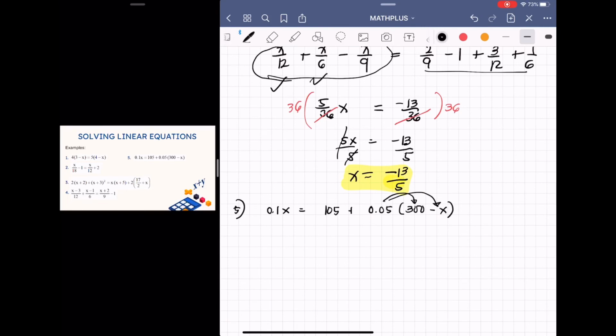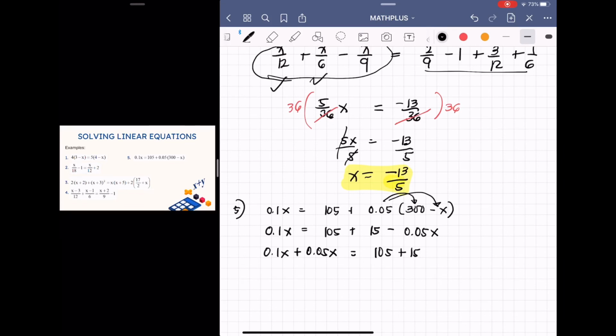So I'll copy 0.1x equal to 105 plus 0.05 of 300. 5% of 300, that would be 15, minus 0.05 times x. Again, we have all the unknowns on the left side. So I'll have 0.1x plus 0.05x equal to 105 plus 15.